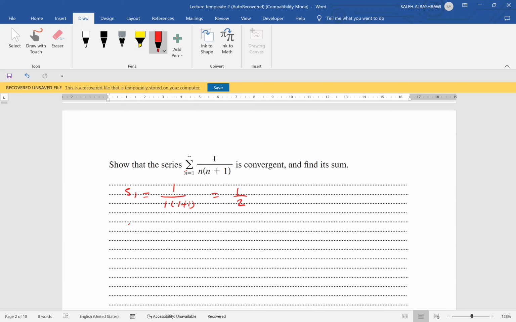S2, now replace n by 2, it will be 1 over 2 multiplied by 2 plus 1, which is 3. Sorry, I should take the first two terms. Let me rewrite it again.